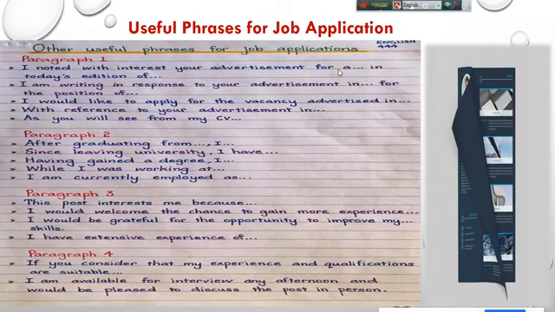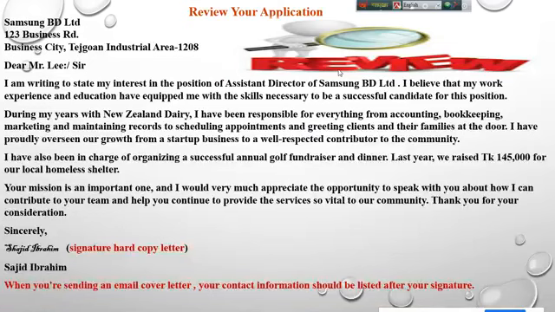Then: I would be grateful for the opportunity. Actually, these are the alternatives. You can choose any of the lines. And then finally, in the last paragraph, you have to appreciate the employer for considering your application.